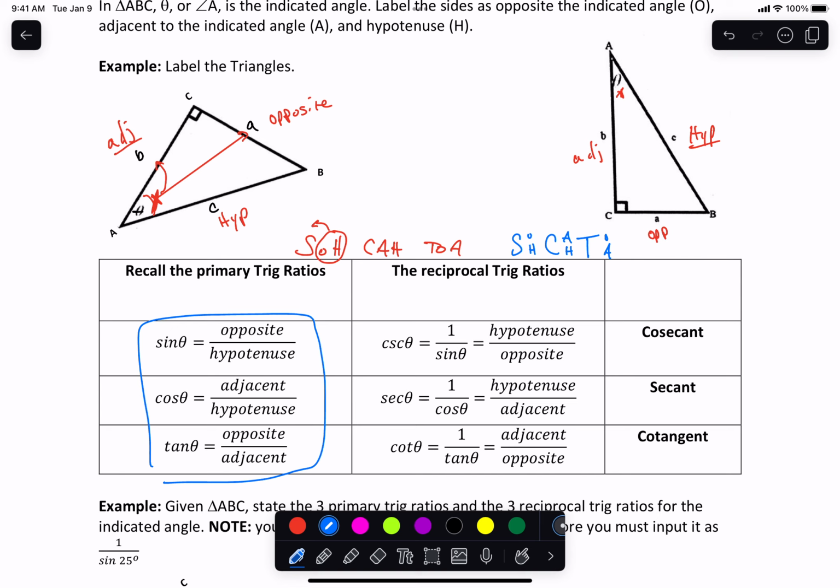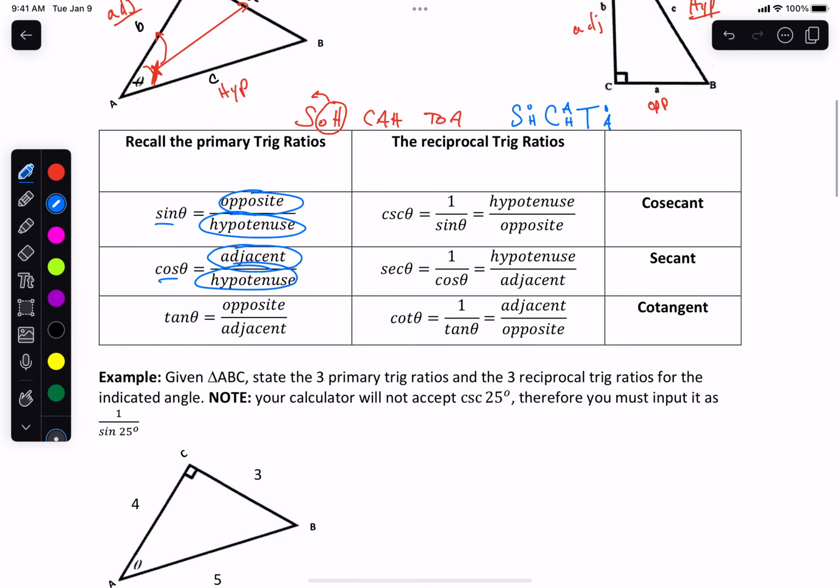So following our SOHCAHTOA rule, sine is the opposite side length divided by the hypotenuse. Cosine is going to be the adjacent side length divided by the hypotenuse. And tangent is going to be opposite over adjacent. Everybody good with that?